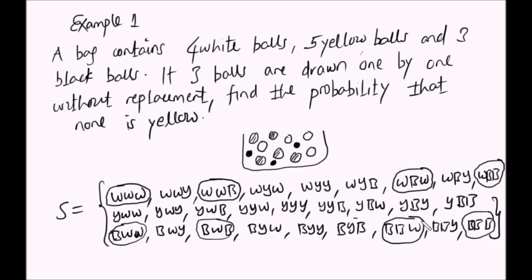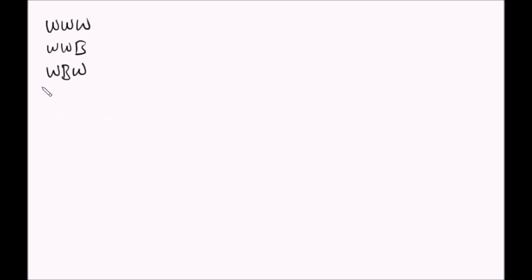So events ambazo unakuta out of the 3 balls drawn none is yellow ni hizi. If I write them again, tuna white, white, white, yani amedraw 3 balls ambazo zote ni white. White, white, black. White, black, white. And then tuna white, black, black.